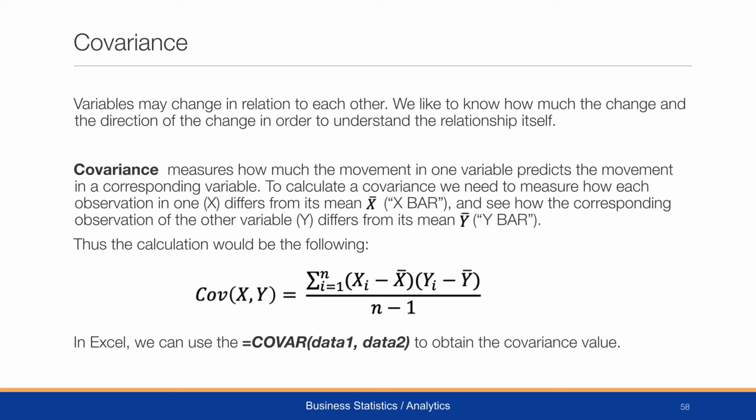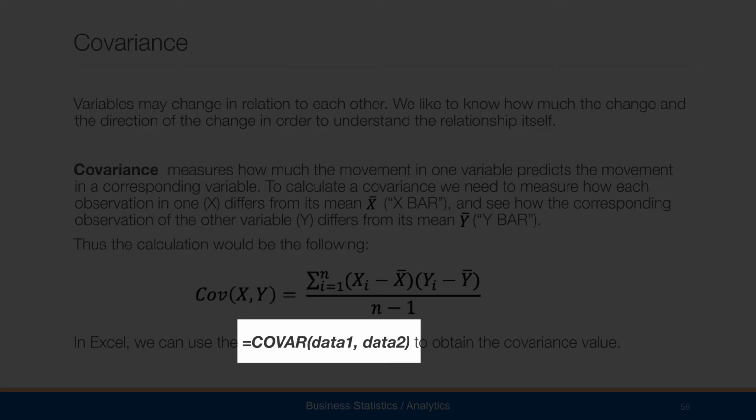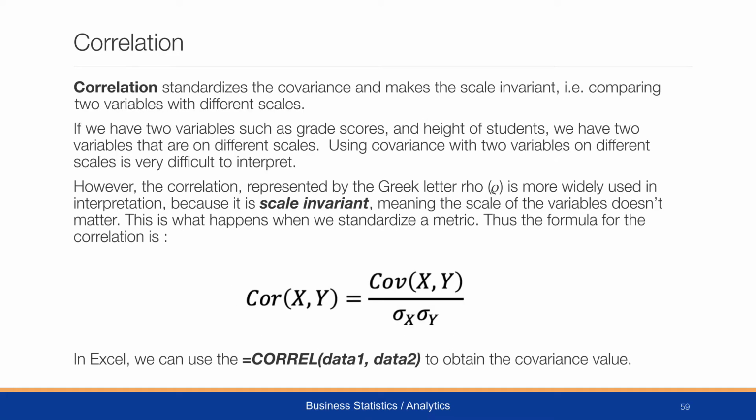So here you'll see the two parts of the formula. Each observation minus its mean times its corresponding y value minus its mean. And we add those all up, and then we divide by n minus 1. This will give us the covariance. In Excel, we could just use the covariance of the first column and the second column to obtain the covariance.